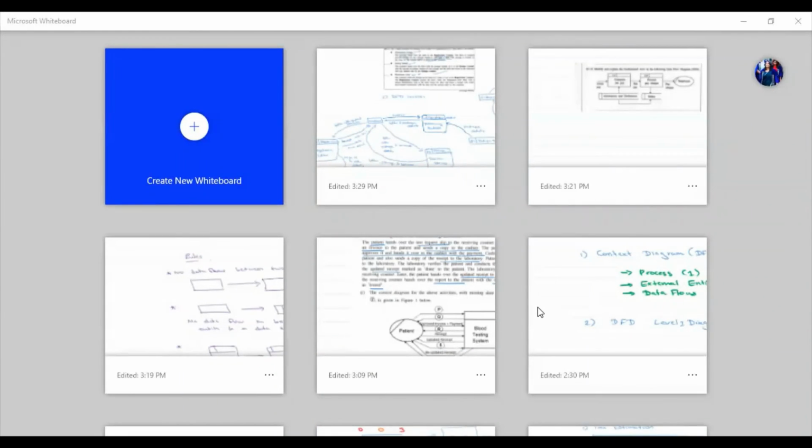So normally we get a scenario of about 1.5 pages, and from there we need to understand the processes, many external entities, data inflows, data outflows, and lots of data stores. And they ask us to perform context level, level 1 and level 2 as well. So it's a 1.5 page scenario, and then we have to figure them out. That's the idea.